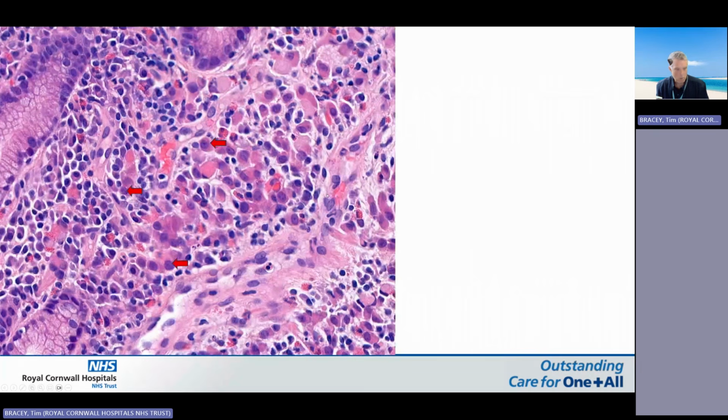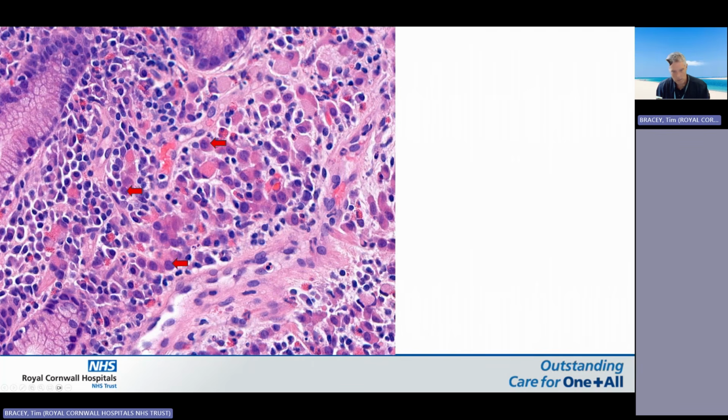This is the difficulty with calling something signet ring cell adenocarcinoma, is sometimes you get these ones that don't have mucin at all. They just look more like plasma cells. In these you need a cytokeratin to make sure that these odd cells are definitely epithelial rather than lymphoid even, or melanoma, or some other differentiation.